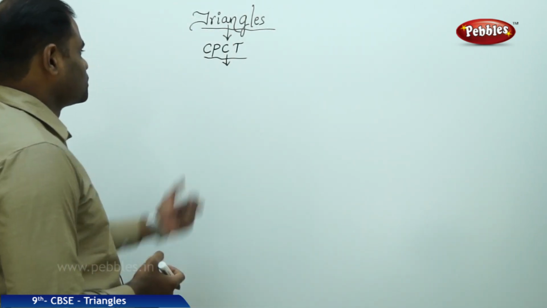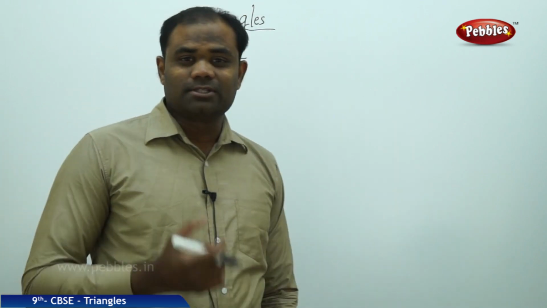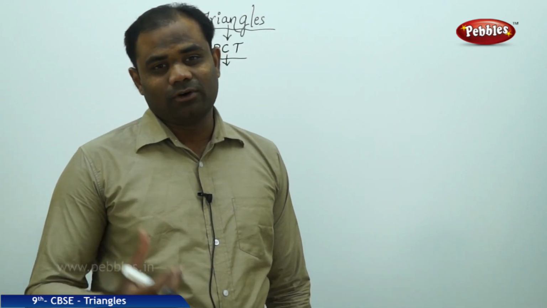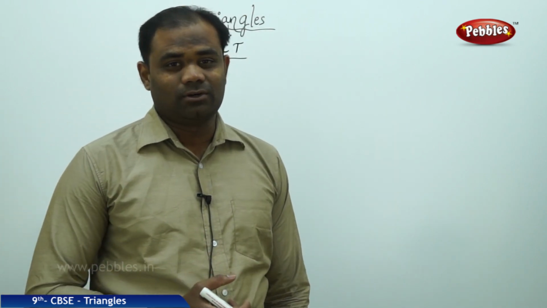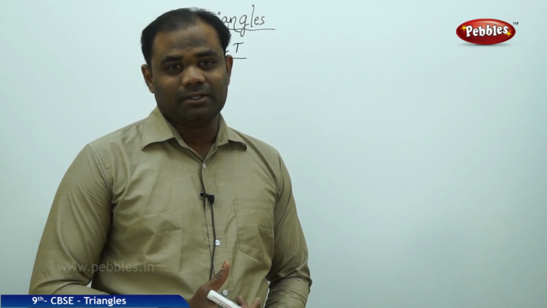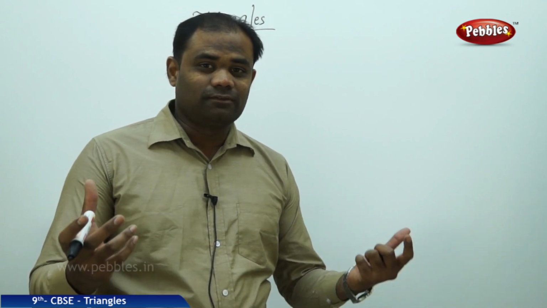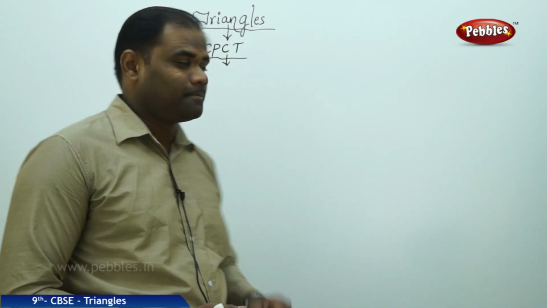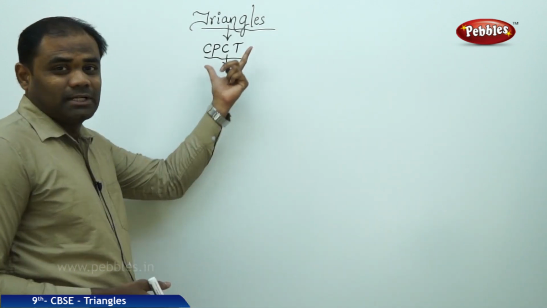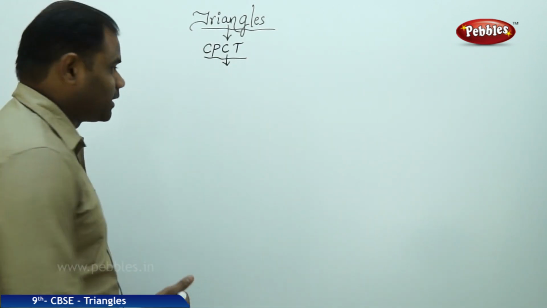Most of the time we use this concept or term in proving the congruency of two triangles or two objects. So let's see in brief the CPCT property connecting the congruency of two triangles. Before we understand this, let me take two triangles.